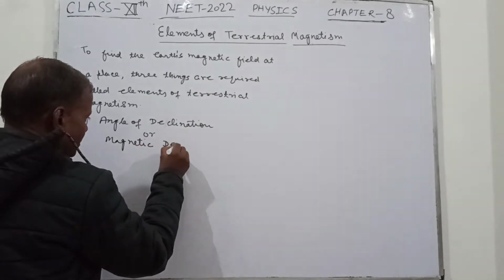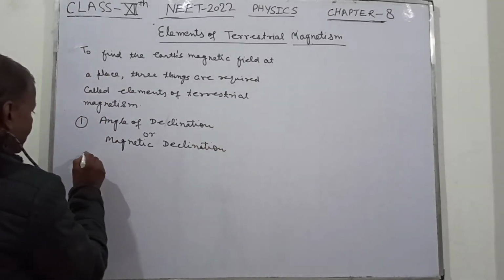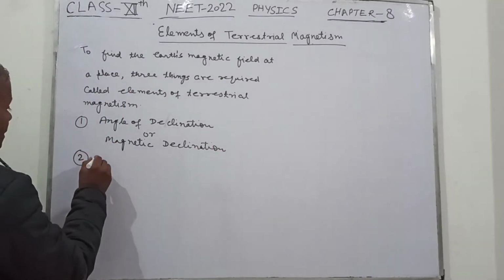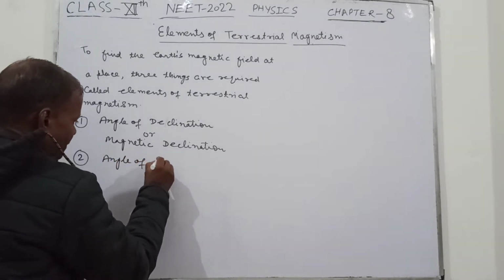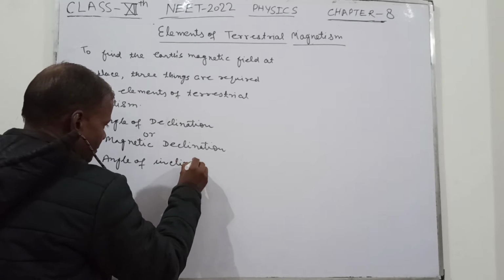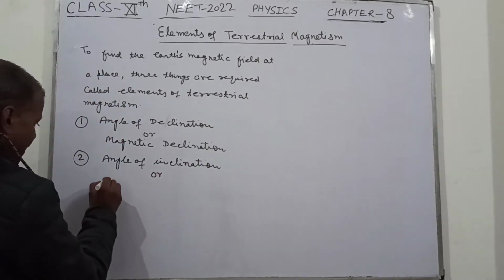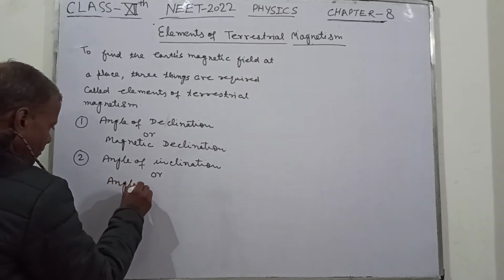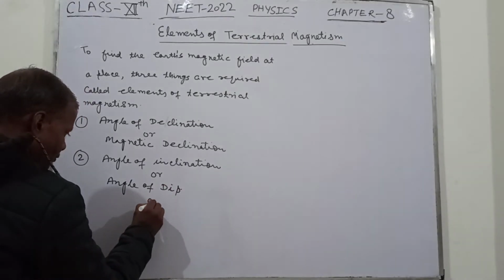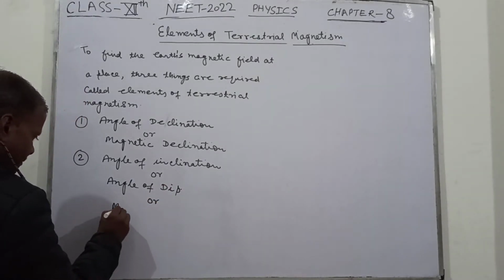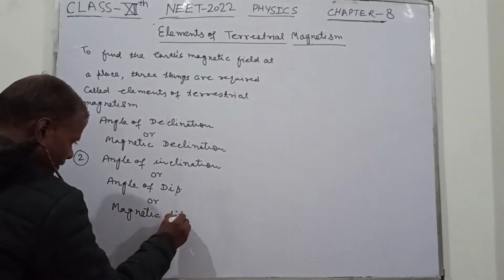Second is the angle of inclination, or angle of dip, or magnetic dip.